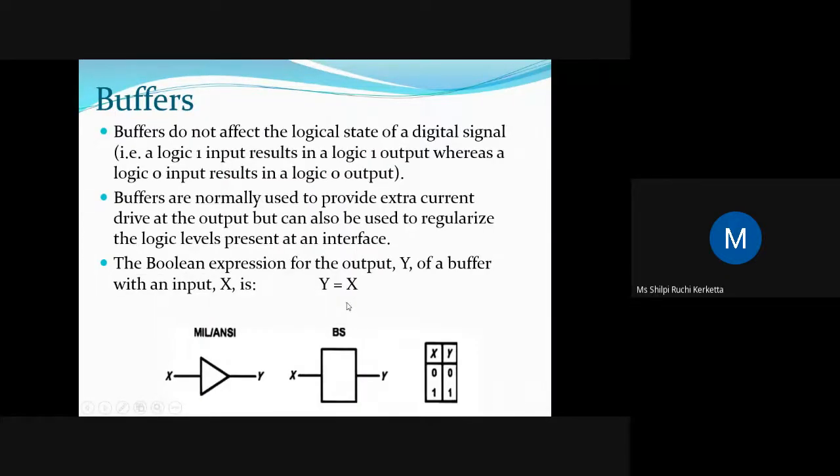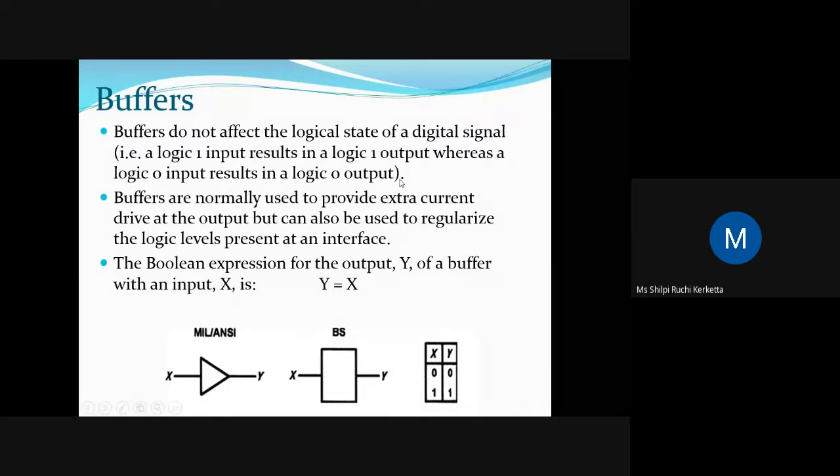So the first topic of logic gates is the buffer. So what is a buffer? A buffer does not affect the logical state of a digital signal. That is, a logic 1 input results in a logic 1 output, whereas a logic 0 input results in a logic 0 output.